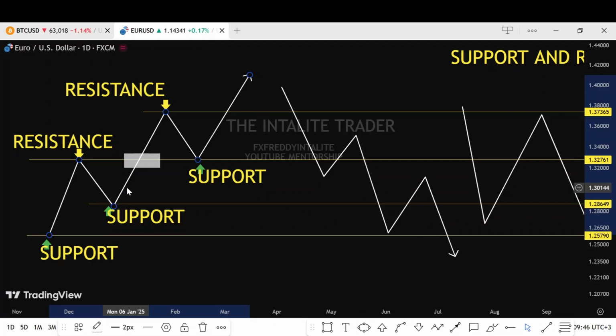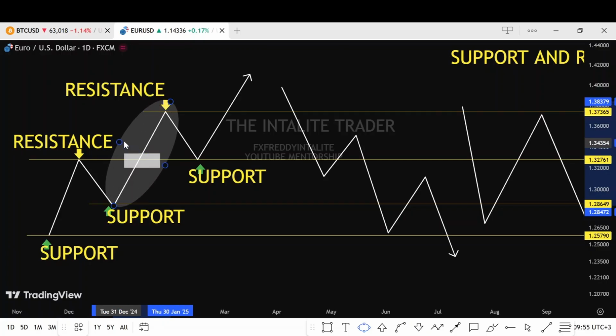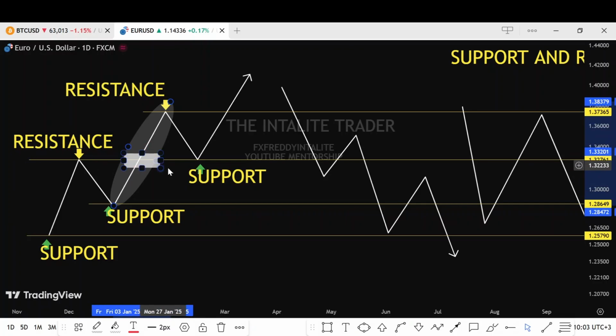So we saw a strong move that went and broke the resistance. So when price breaks this resistance level here, we call that a breakout momentum. This is called a breakout momentum.